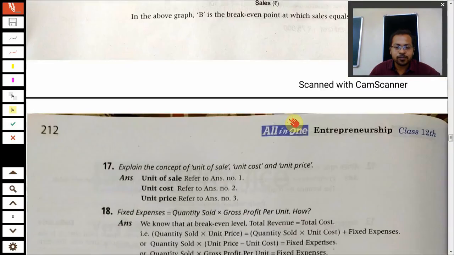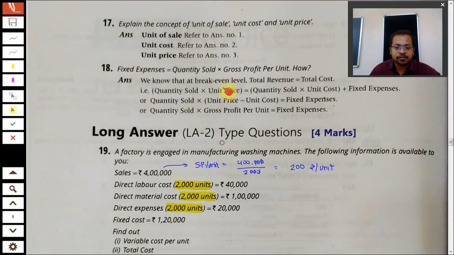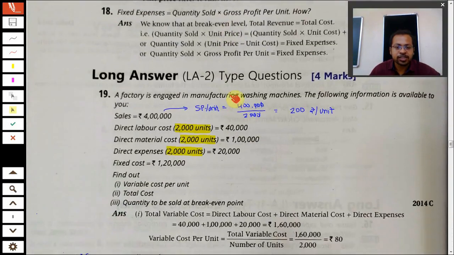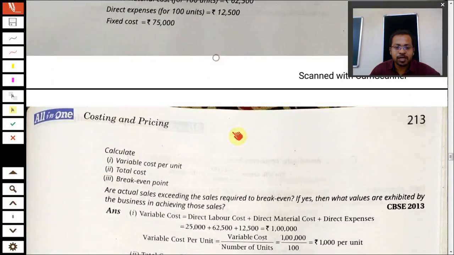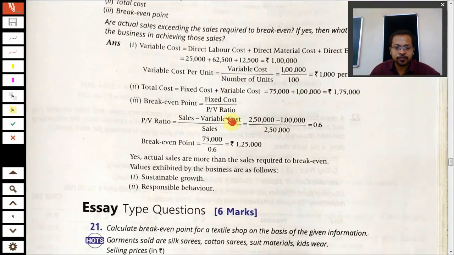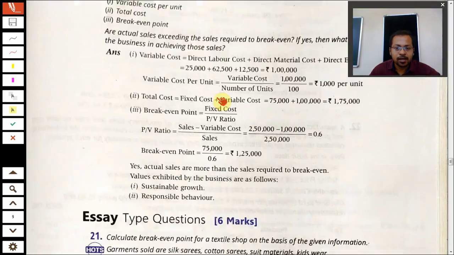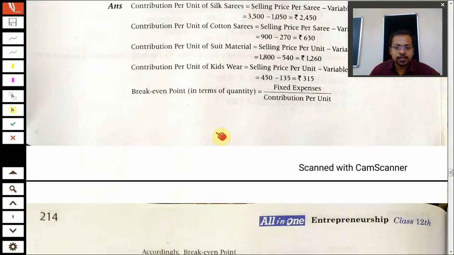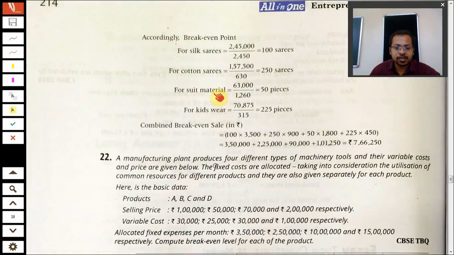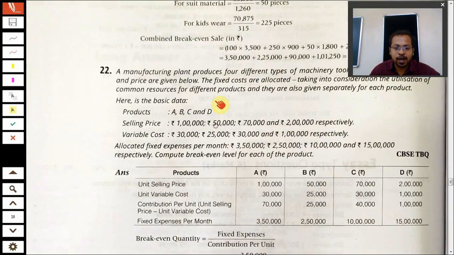So let's find the practical question which is based on multi-product commodities. All these questions were discussed in the previous video.